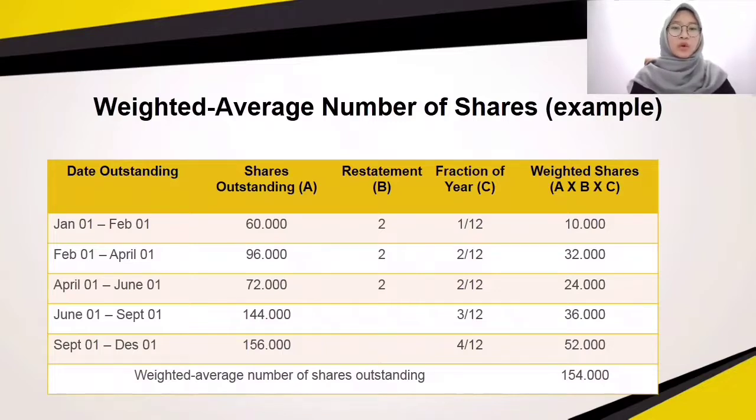From 1 February until 1 April, the shares outstanding are 96,000 and the restatement is 2. The fraction of the year is 2/12, and then the weighted shares are 32,000. In the end, the weighted average number of shares outstanding is 154,000.